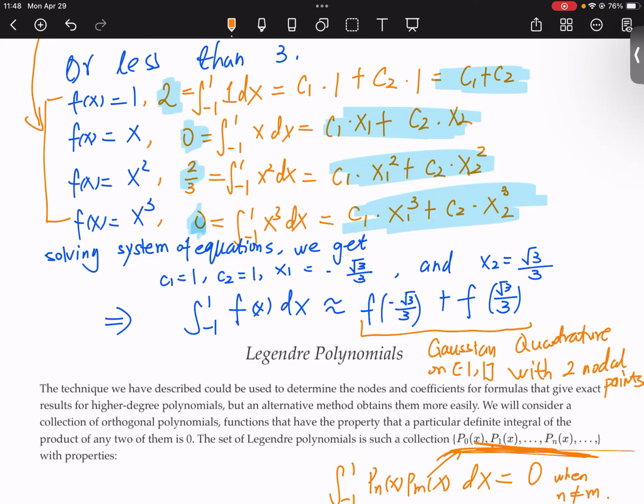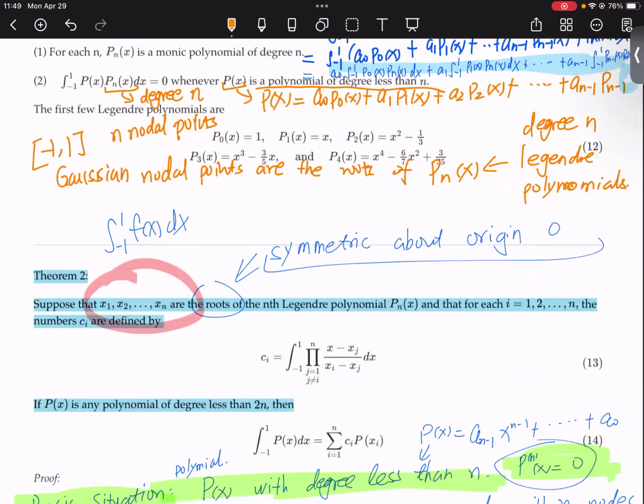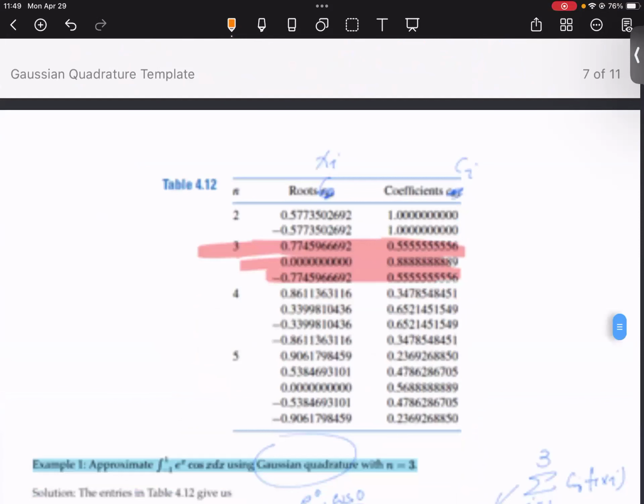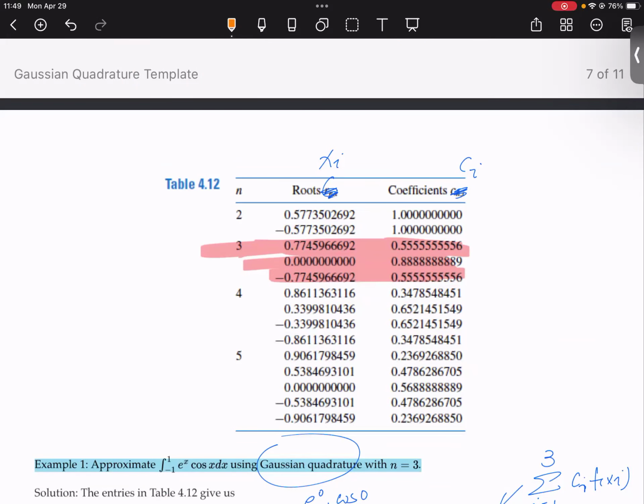This is one way to get the Gaussian quadrature points and coefficients by putting in the polynomials here. Let's just focus on the standard integrals. The interval is -1 to 1, and I would give you some results like this. That's why people use this, because people memorize what we have.